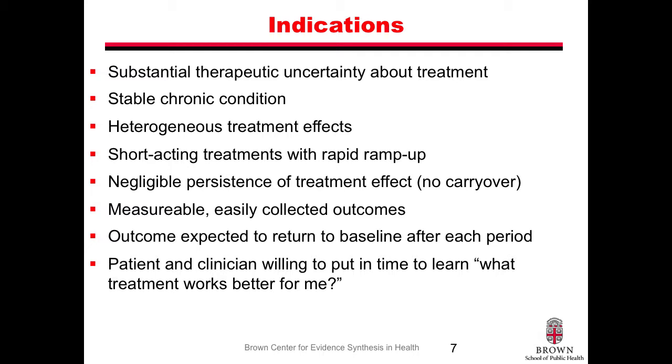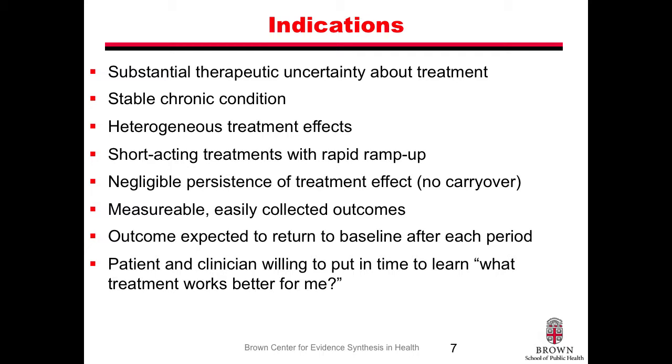The treatment effect should be heterogeneous because otherwise, if everybody has the same response to the treatment, we don't need to look at individuals. We can just look at an average. The treatments need to be short-acting because we're going to be doing these multiple crossovers, and if it's not short-acting, the trial's going to last forever. And they have to have a rapid ramp-up, in the sense that they have to take effect quickly.